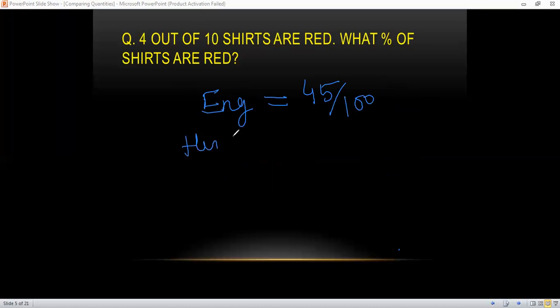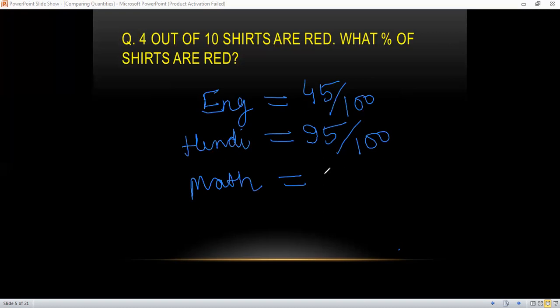In Hindi you have got 95 upon 100, and in math you have got 90 upon 100.